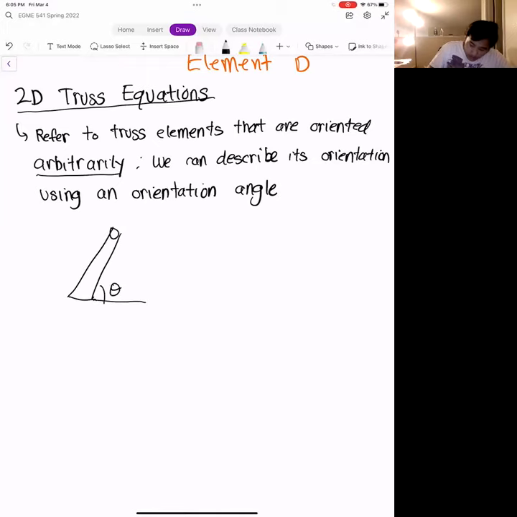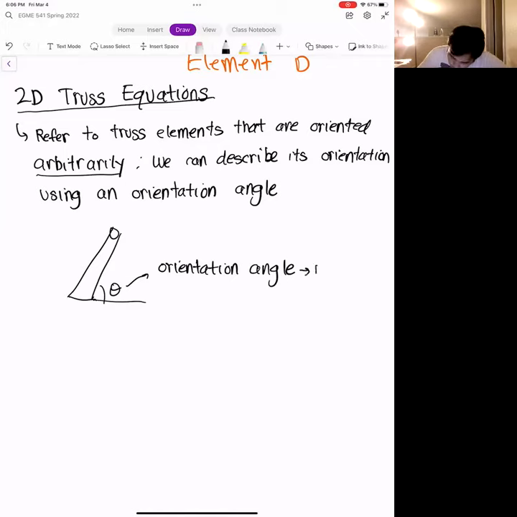Where we have the angle theta right here, and theta here is the orientation angle. Remember, the way that you measure the orientation angle, it's always relative to the positive x-axis.